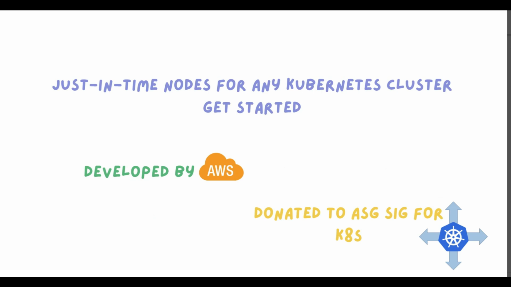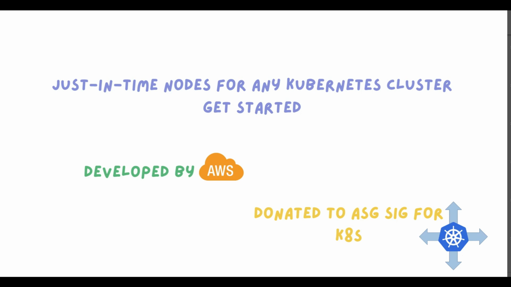Okay, so according to the Karpenter team, how do they define what Karpenter is? It's just-in-time nodes for any Kubernetes cluster. Karpenter basically simplifies Kubernetes infrastructure with the right nodes at the right time. This is the definition they provide, and it's on spot.